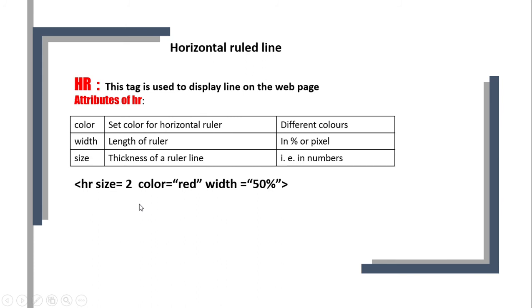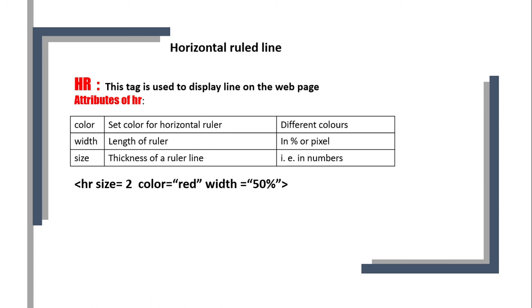Suppose we want to write 3, 4, 5, we can write that also. Then the thickness becomes broader. After this, color equal to red. Whenever we create the horizontal ruler, if we want to show a red line, we can apply red. Also we have width, which we use in pixels or percentage.